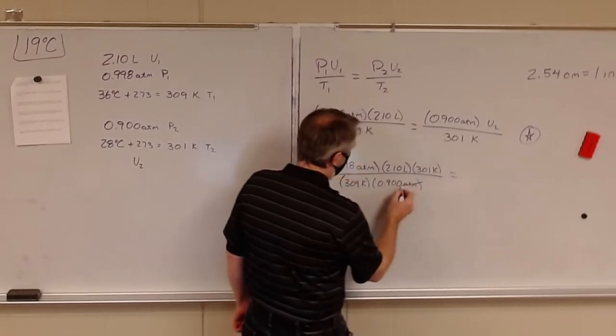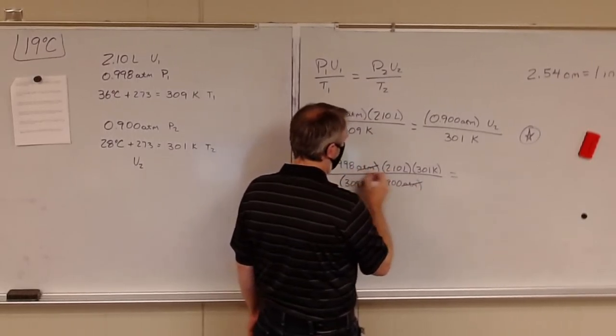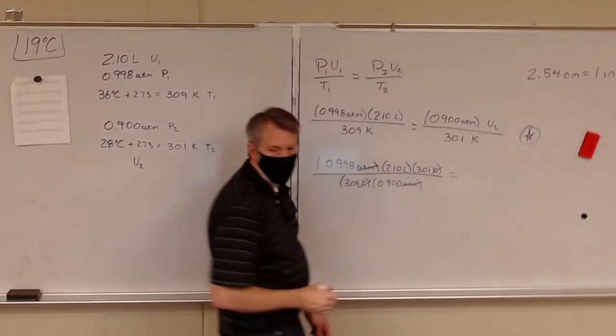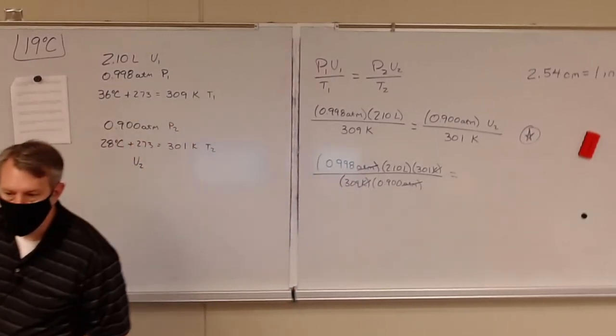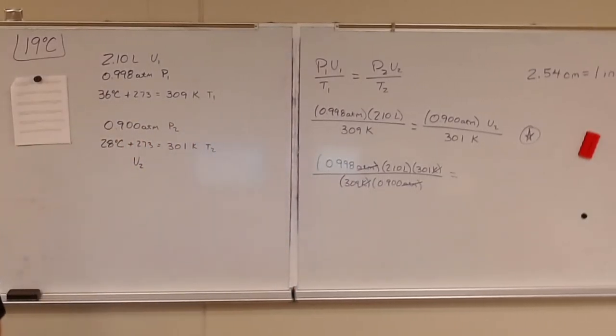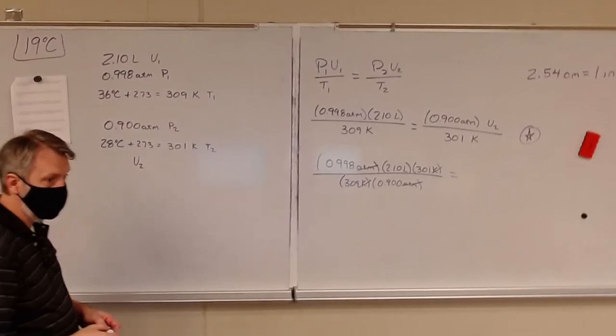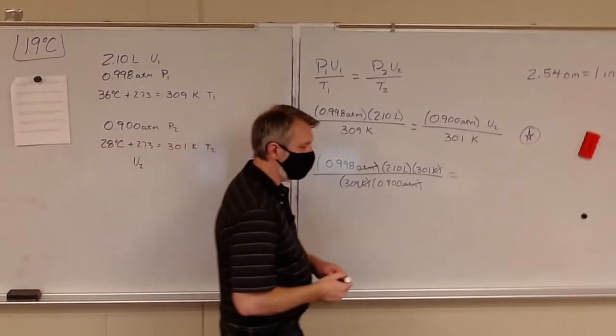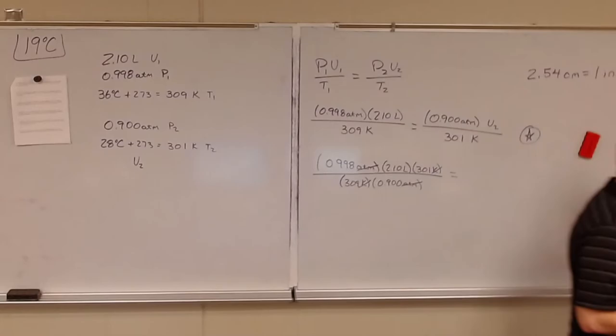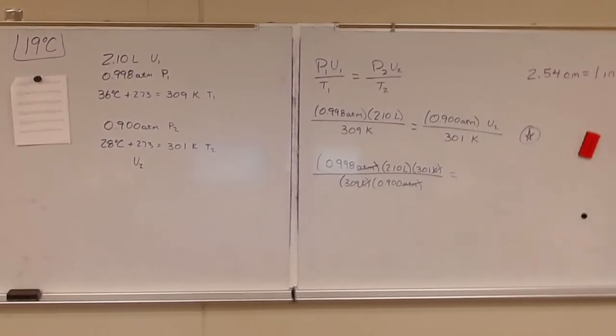Okay, cancel out atm and Kelvin. That leaves me with what units? The only units left are liters. Is liters appropriate for volume? Yes. Okay. So now I can do this, and I can do the math.